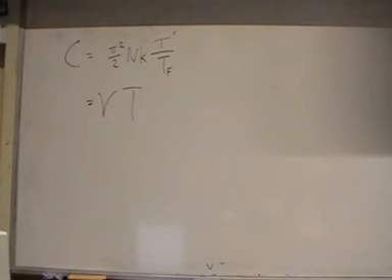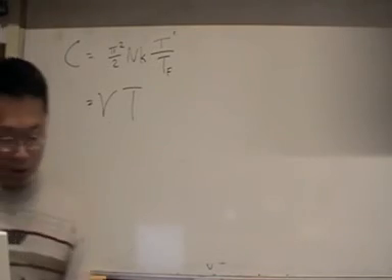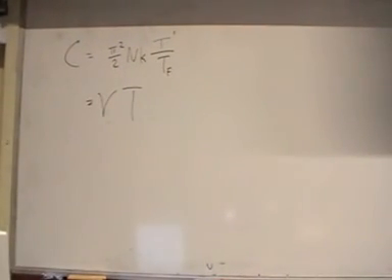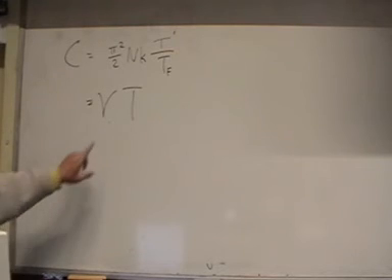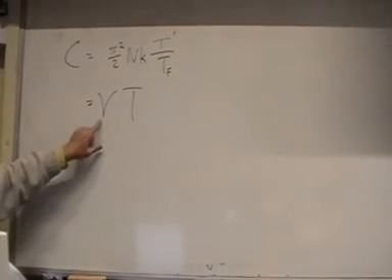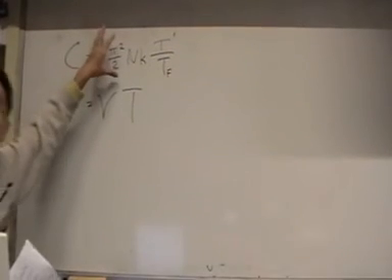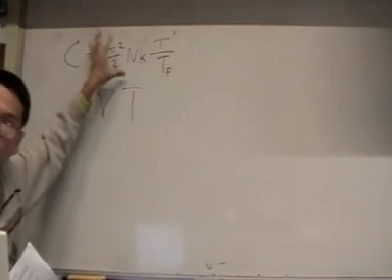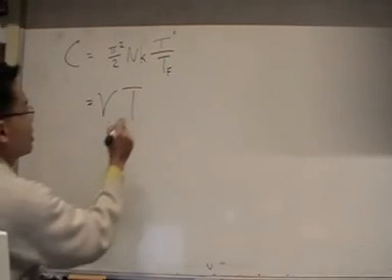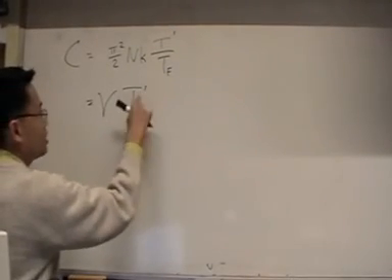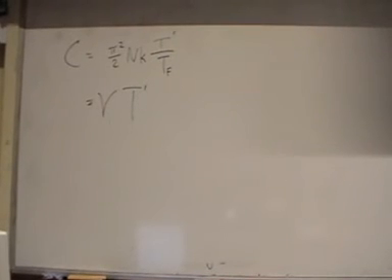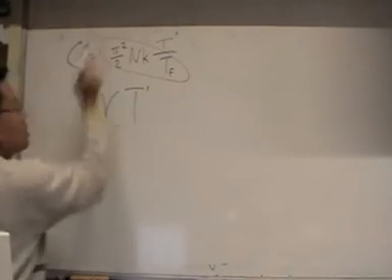This gamma is quite important, because according to the equation that we derived, the gamma is the part of the equation that is constant with respect to T. So let me take out the gamma. The T is there, that's the T and that's the T. The rest of this is the gamma.